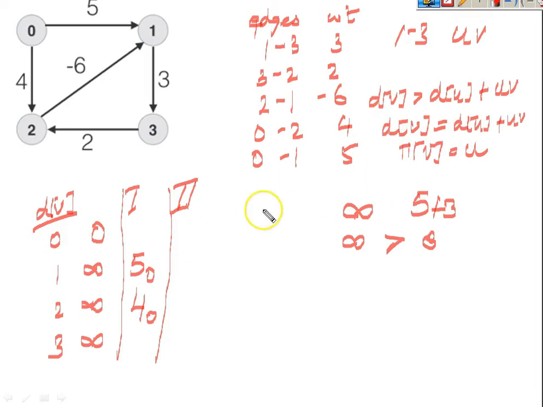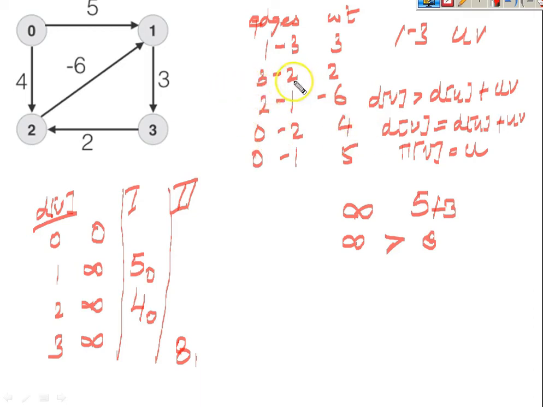So in the second iteration we are going to change the d value of 3, which is going to be 8, and we are getting this 8 because of 1, so I'll write this is 1 here. Similarly, I can do this for all the edges, and I hope that now you understood how I am doing.